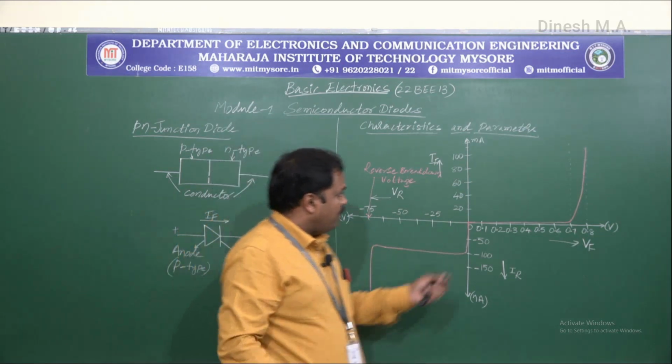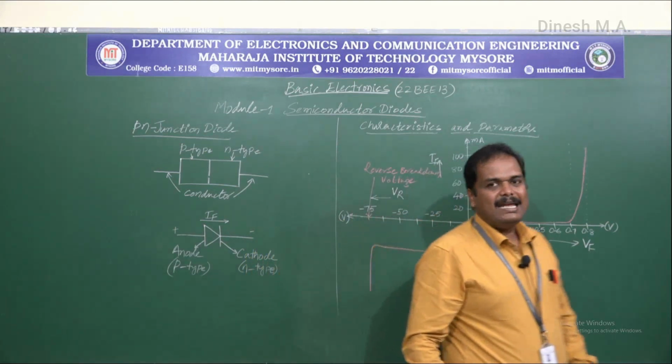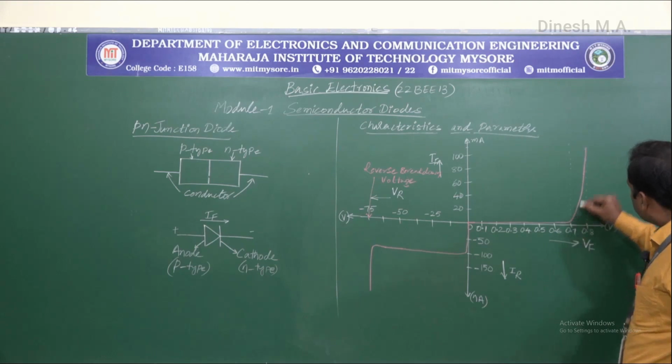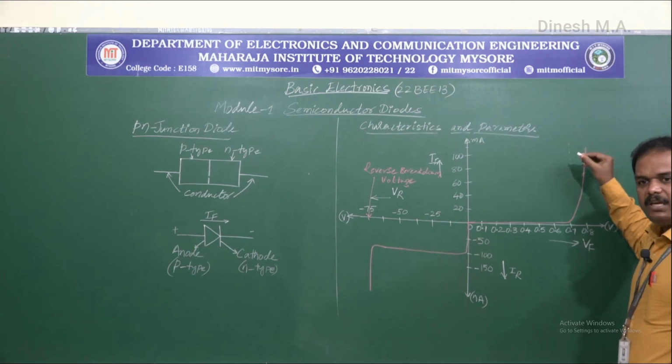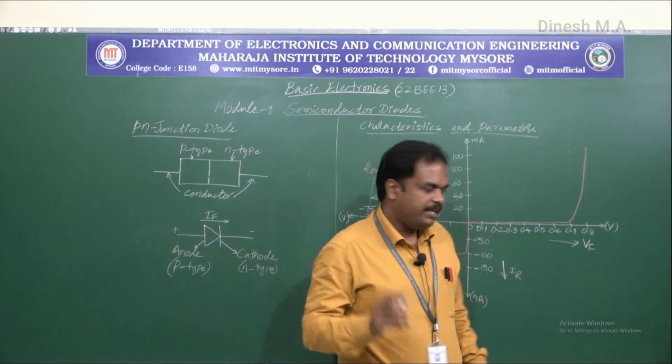Now coming to the forward characteristics. Here what we can see is, when the diode crosses 0.7 volts, there is a rise in the forward current that is flowing through the device.